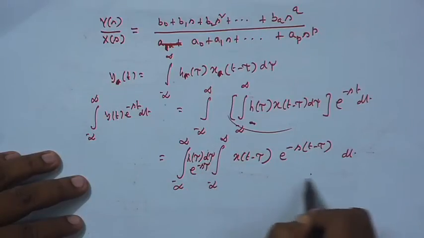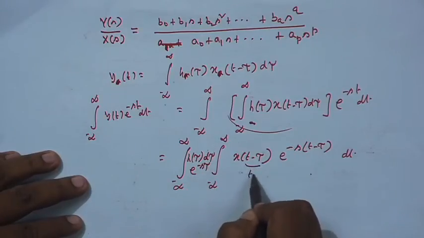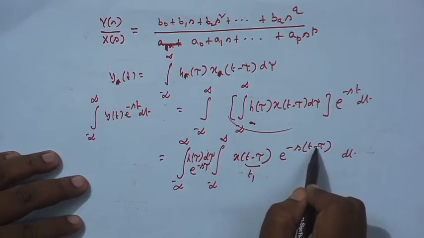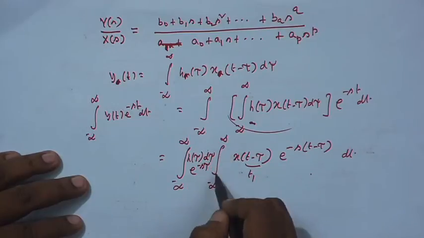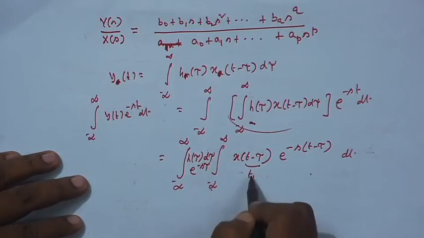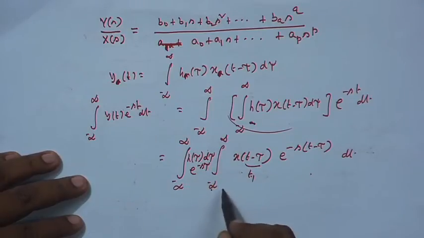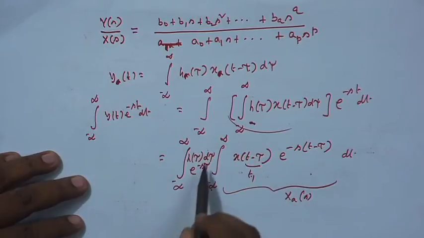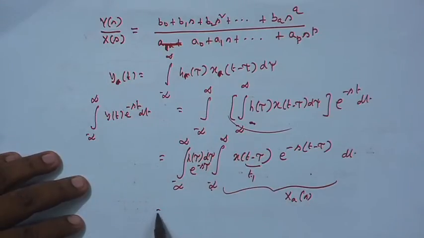So, for the inner integral, if you call t minus tau as t1, it is x(t1) e to the power minus s t1, and the limits will be the same, minus infinity to infinity, because if t goes to minus infinity, t1 goes to minus infinity, and if t goes to plus infinity, t1 goes to plus infinity. So, this entire thing is the Laplace transform X(s), that goes outside, and this is again the Laplace transform of h.